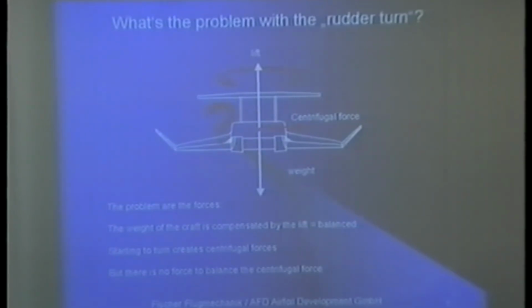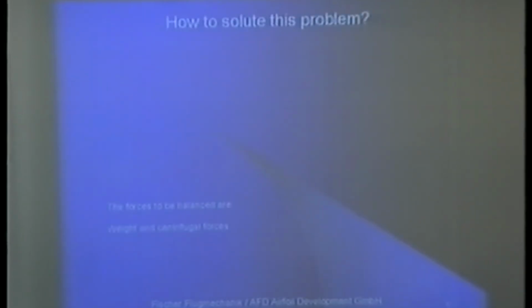You can turn your wheel, but the centrifugal forces give you still driving forward, and nobody is there to keep you in the turn. This is, sorry, very simple, but to make it clear, we have the centrifugal forces in this direction. So we need a force which compensates the centrifugal forces.